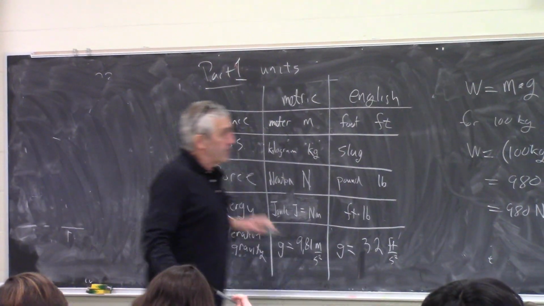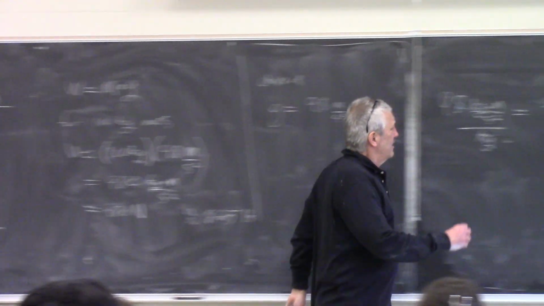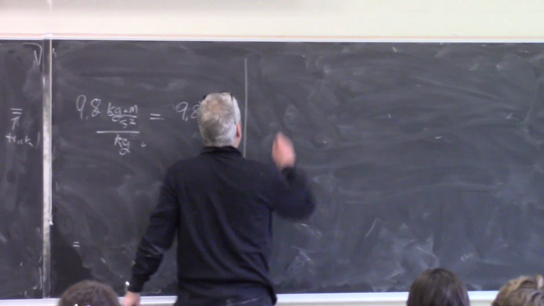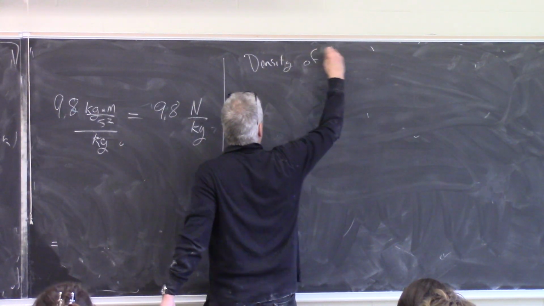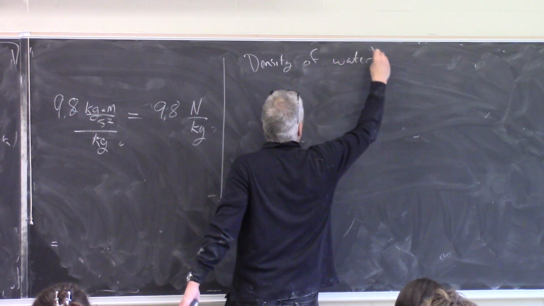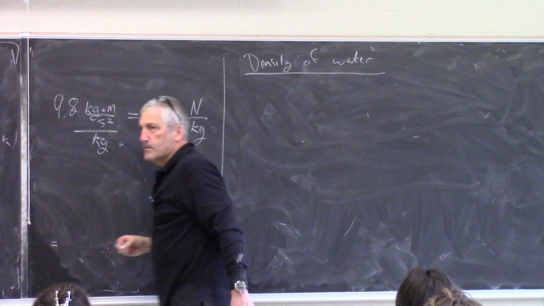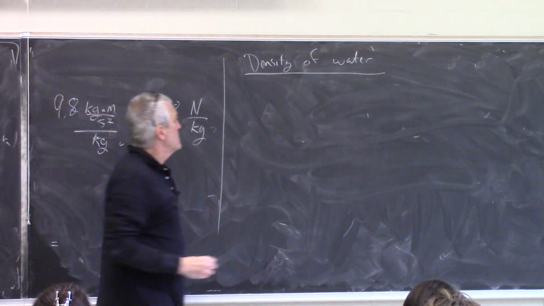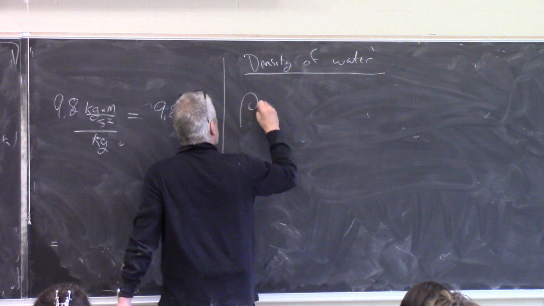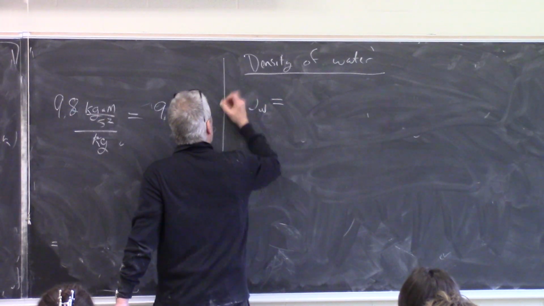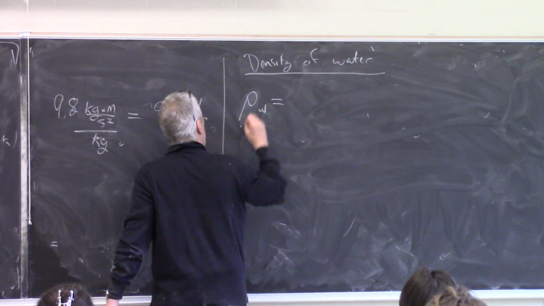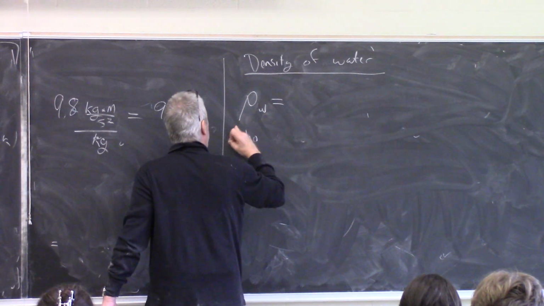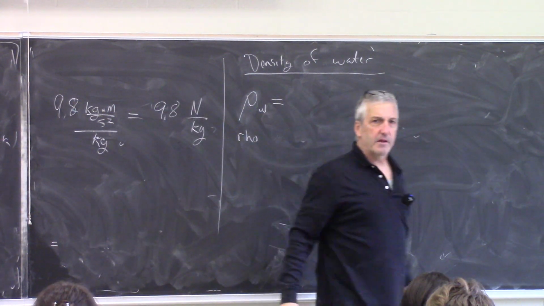Oh, another thing that will come up today, density. The symbol for density is rho, R-H-O, the Greek letter. So the density of water.